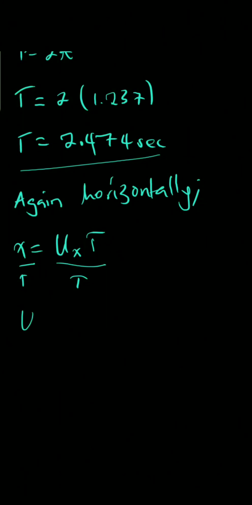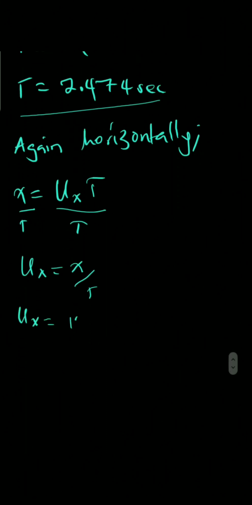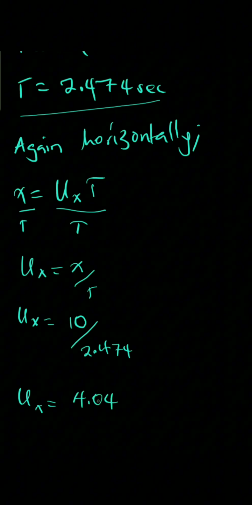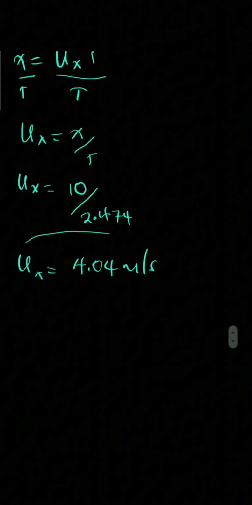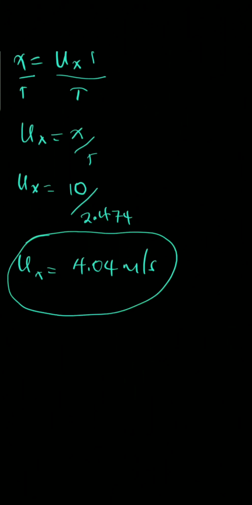So I divide both sides by t to make the initial velocity the subject of the formula. Thus we have x over t. Then we substitute the values. x is 10 and t is 2.474, giving us 4.04 as our answer for the initial velocity in the x-axis. This is measured in meters per second.